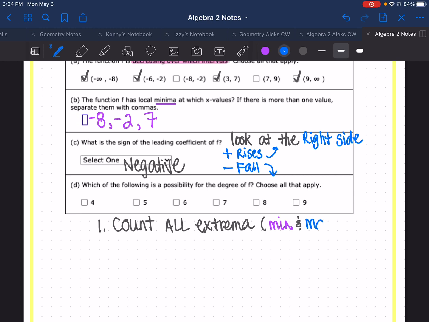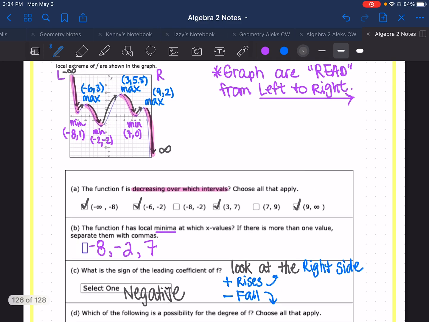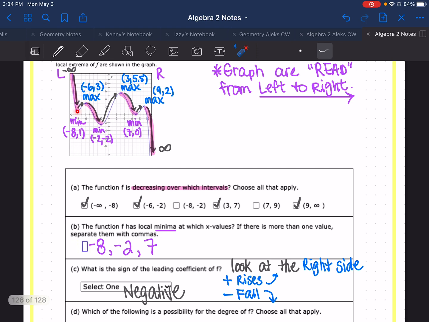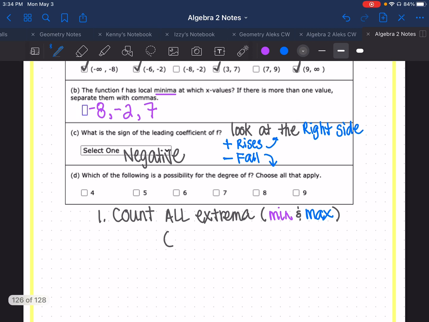You have to count how many total you have. Going back up to the top, I have 1, 2, 3, 4, 5, 6. I have 6. We always add 1 to that, so my answer is 7.